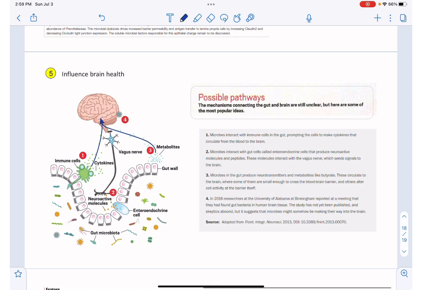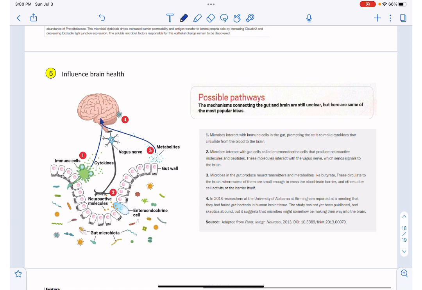So what's going on in the gut could have an effect on what's going on in the brain. And you may ask, well, how does that work? How does what's going on in the gut communicate with what's going on in the brain? And these are some possible pathways by which this interaction may occur, what they call the gut-brain axis.